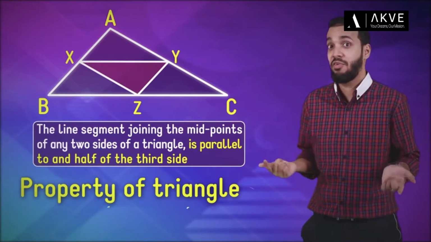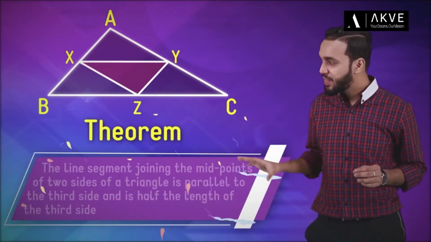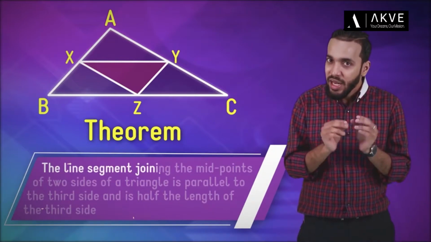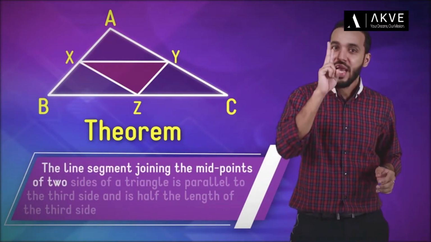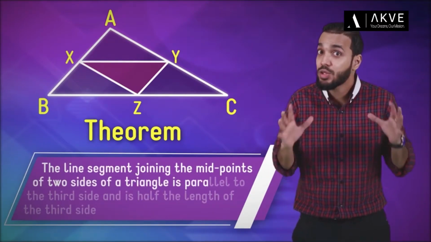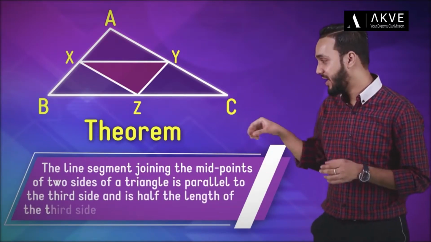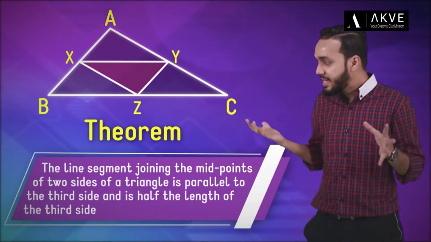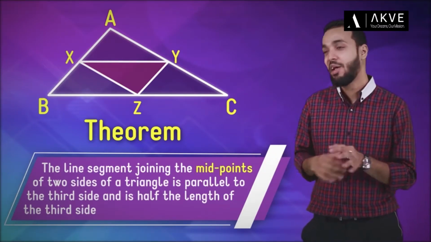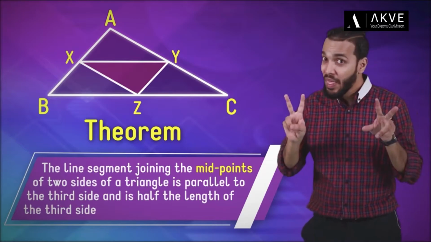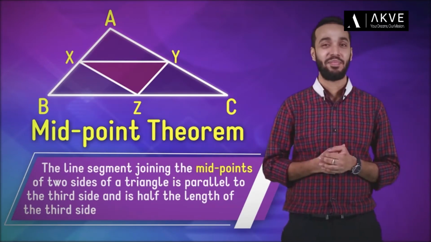It is stated in the form of a theorem as: the line segment joining the midpoints of two sides of a triangle is parallel to the third side and is half the length of the third side. Because it essentially deals with midpoints, this theorem is called the midpoint theorem.